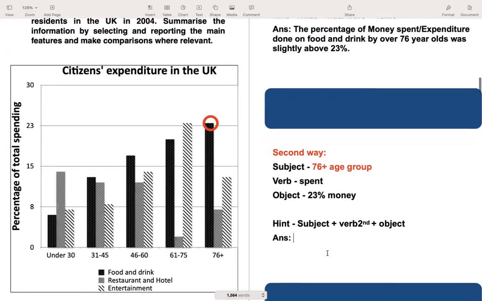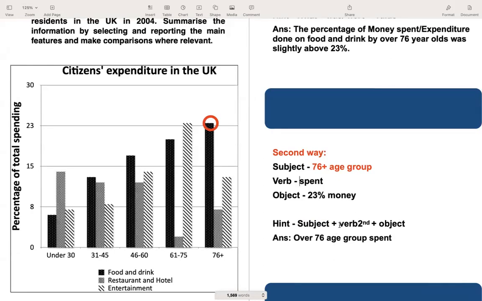First, what do we write? The 76-plus age group. Yes. Spent. Why "had spent"? Where have I written "had" before the verb? I simply wrote subject, verb, second form.